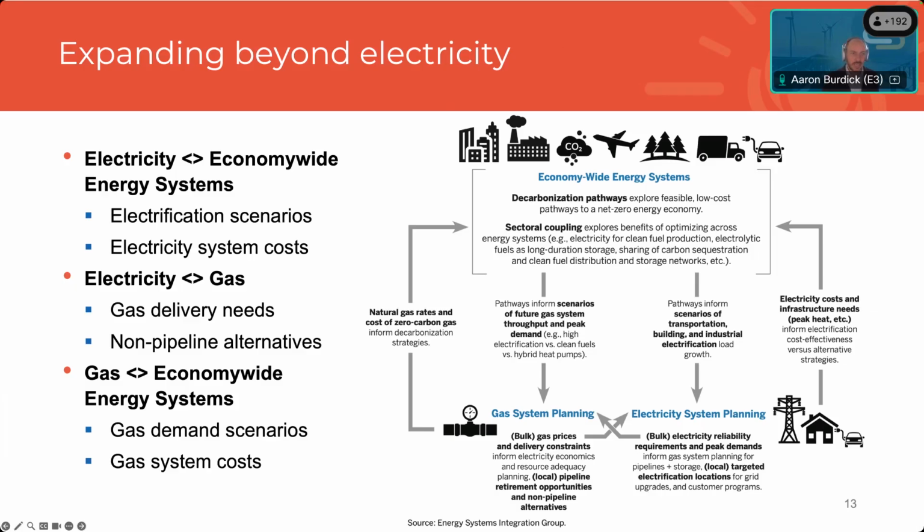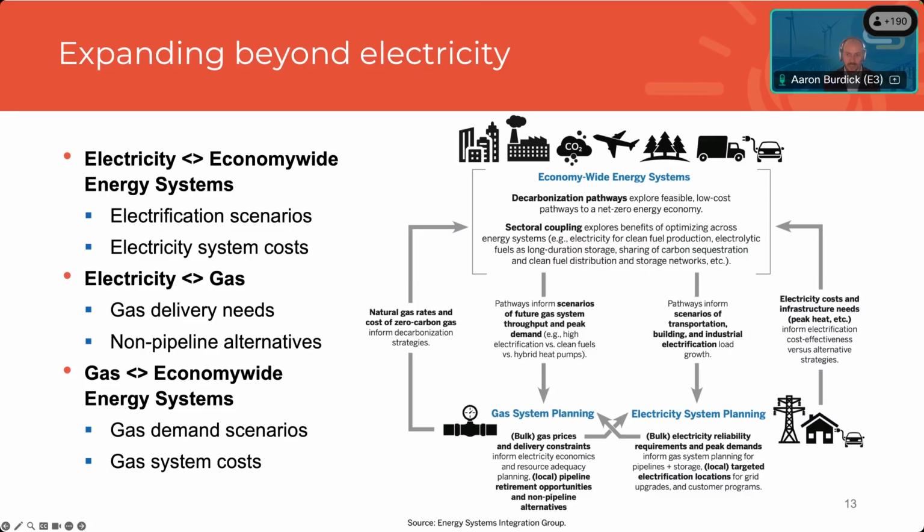So you have a set of electrification forecasts or multiple scenario forecasts going into electricity system planning. From electricity system planning, you have the estimated electricity costs and infrastructure needs. You have similarly a forecast of gas system throughput that can support gas system planning and gas rates and the costs of decarbonized gas that can feed back into decarbonization pathways modeling.